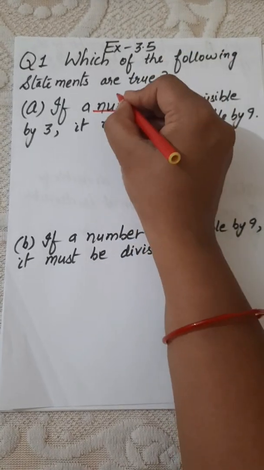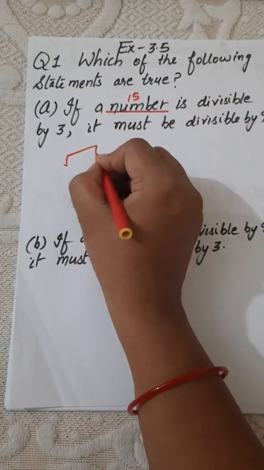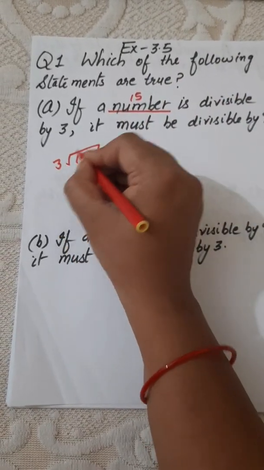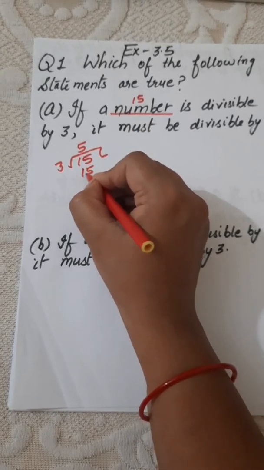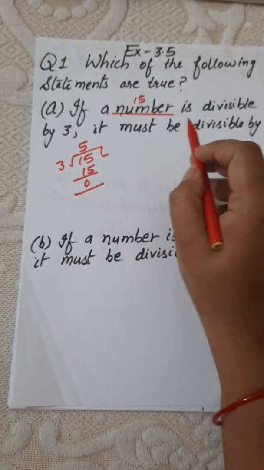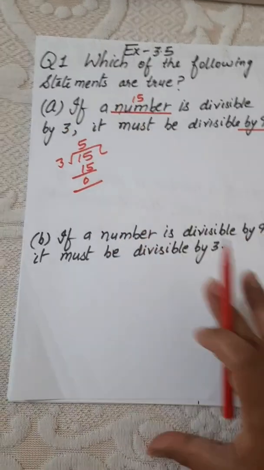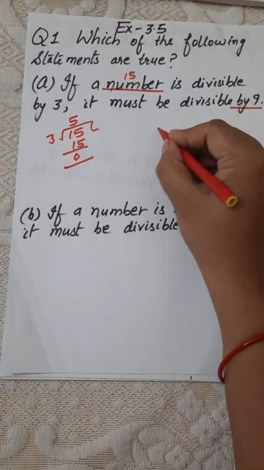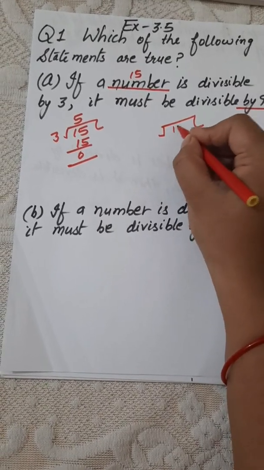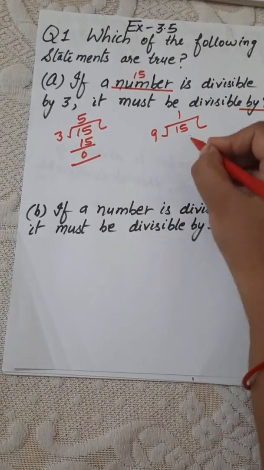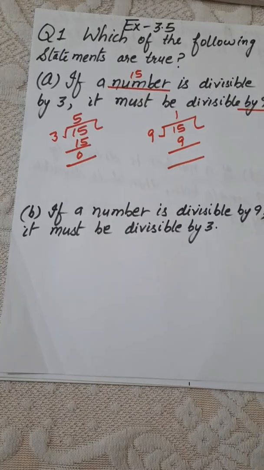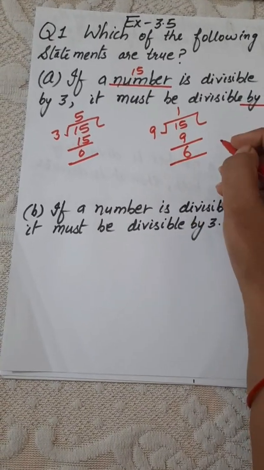Let's take a number 15. 15 is divisible by 3, 3 fives are 15. So it must be divisible by 9. It means if the number is divisible by 3, then this number is divisible by 9. So let's check. Here 9 ones are 9, and we have a remainder of 6.